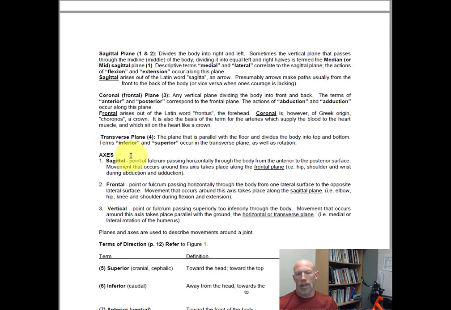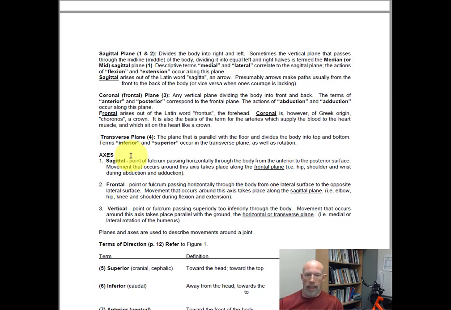Knowing the axes is going to be primarily important when it comes to the muscles and learning the movement or the actions of the muscles. If you want to visualize these axes, think of them as pins or rods that are going through the joints, and around which the body parts are being moved by those muscles.